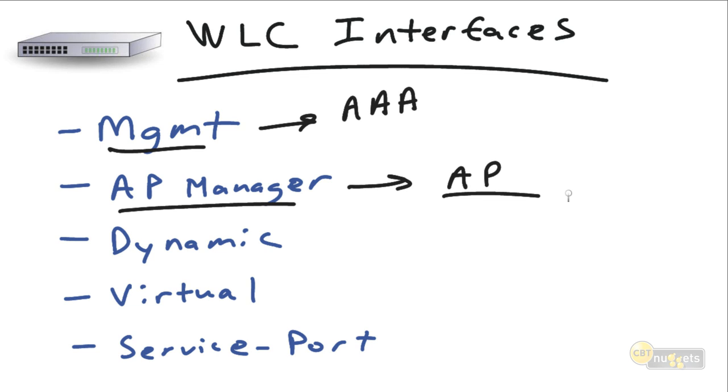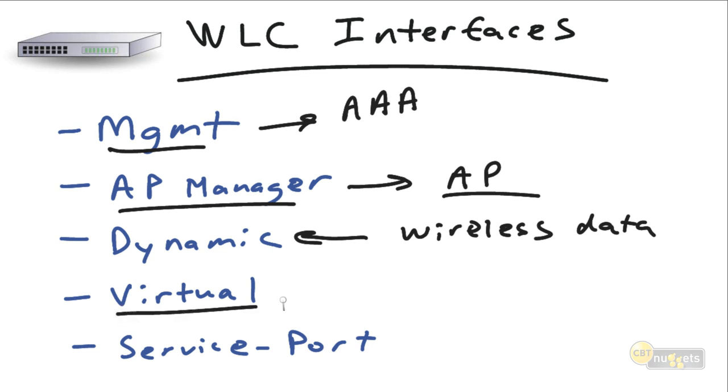Then there's what we call a dynamic interface, and this is to receive the actual wireless data, the information that's coming from client systems. Then we'll have a series of virtual interfaces potentially, and this is for various purposes like DHCP. Another big one would be for particular security functions.